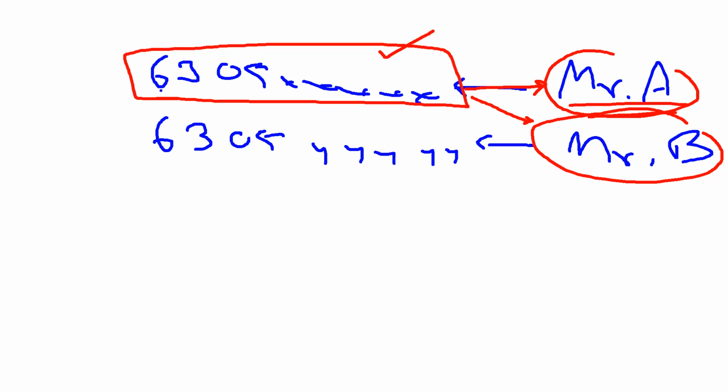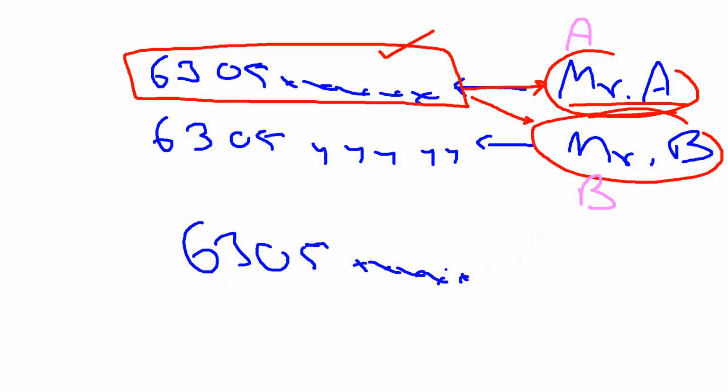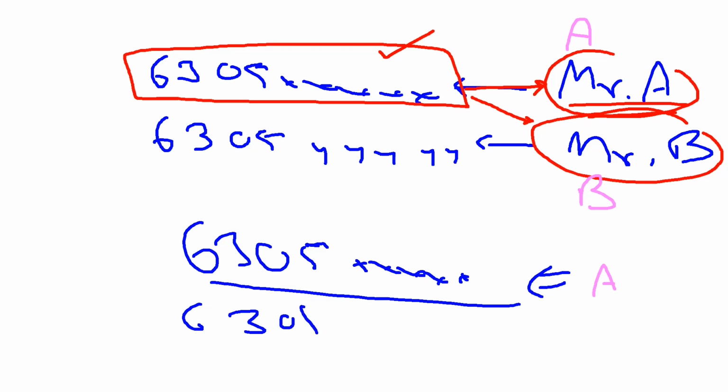For example, if I give grade A to Mr. A and grade B to Mr. B, in a transcript or in a database, if I represent A by this code and give grade A, and for the next one, Mr. B, I use the same code, what happened?